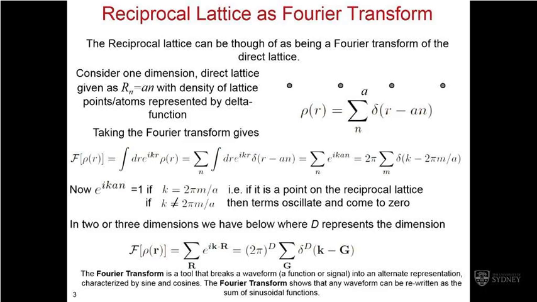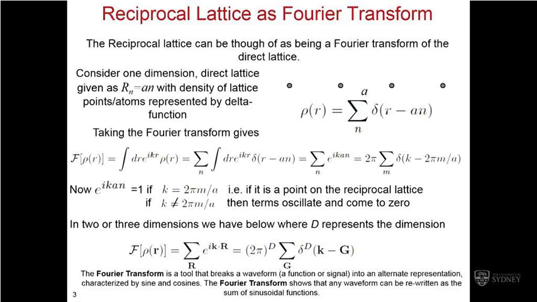If k, your reciprocal space vector, is equal to an integer multiple of 2 pi over a, that is, if it's a reciprocal lattice vector, then this exponential will just go to 1. If it's not a reciprocal lattice point, this will go to 0. So we end up with this expression for one dimension when we take the Fourier transform of an array of delta functions.